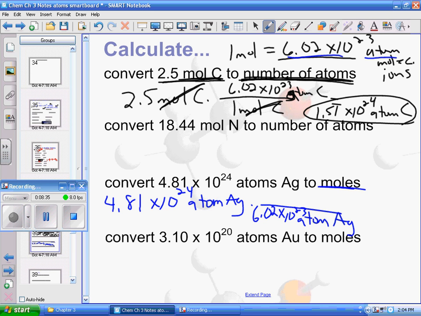I'm converting to moles. Moles of silver. How many? So far, it's always 1. I cancel out top to bottom, but now I go 4.81 exponent 24 divided by 6.02 exponent 23. I hit equals, my answer is 7.99.